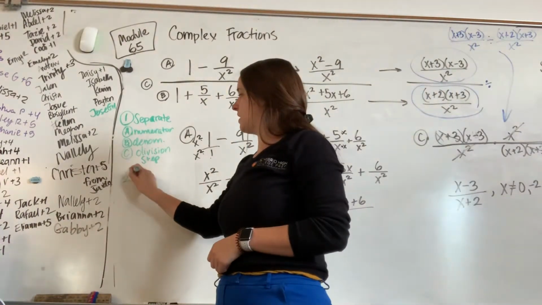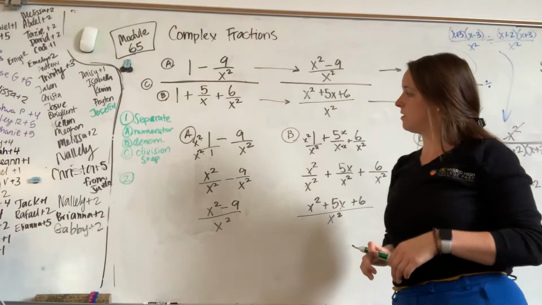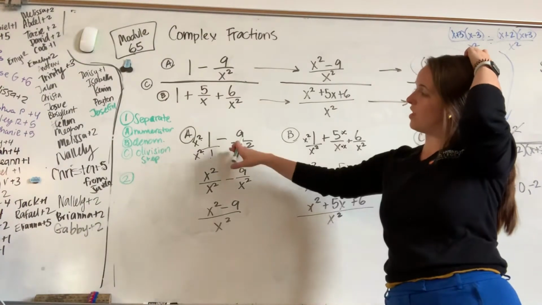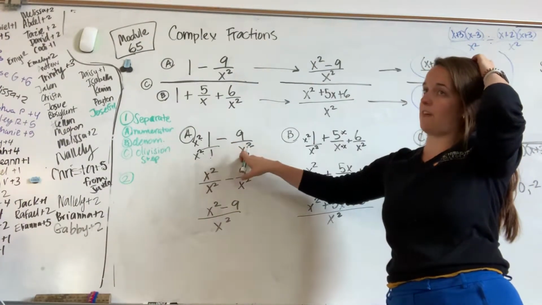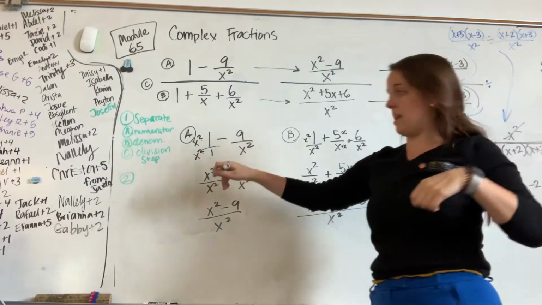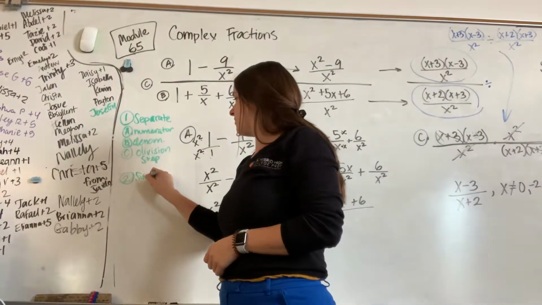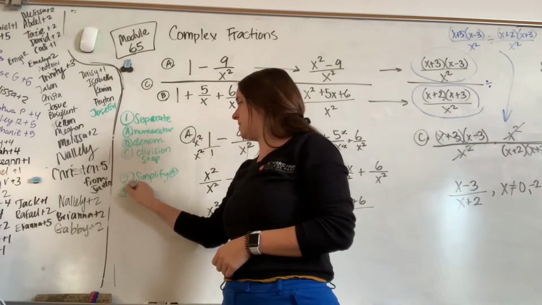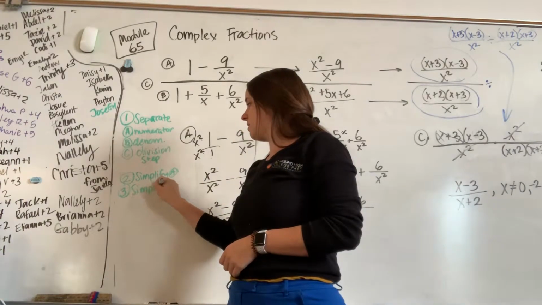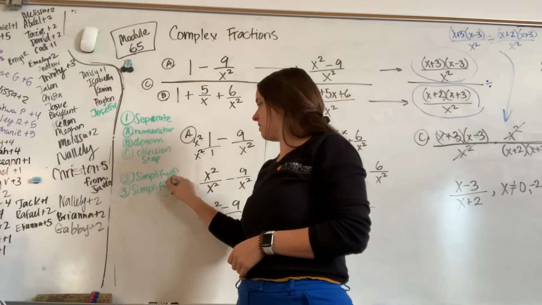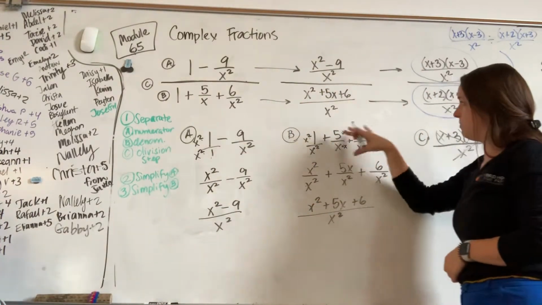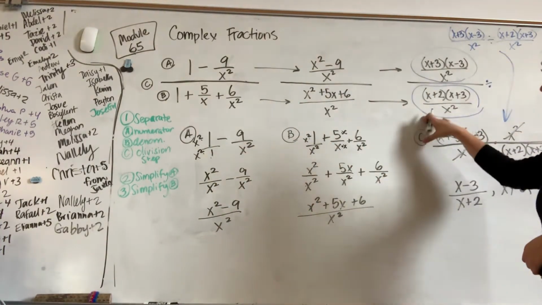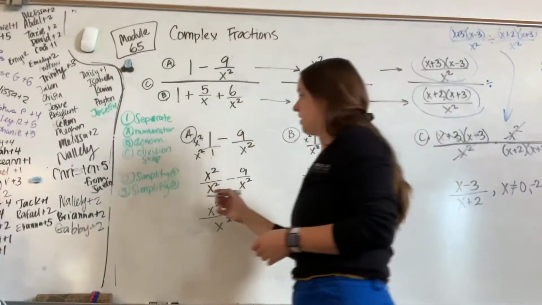After I separate them, what should I do? Simplify A. And then simplify B. So I simplified A, then I simplified B, and then step C is to actually divide them, right?